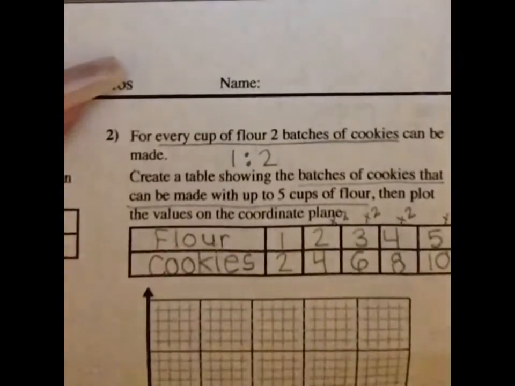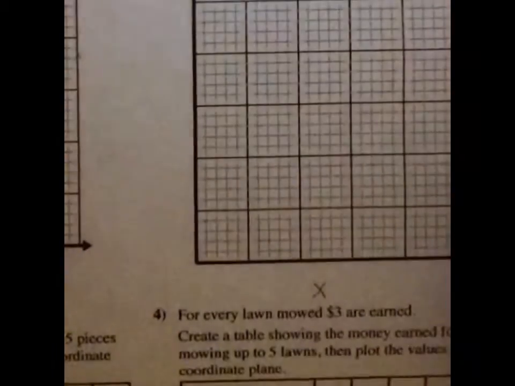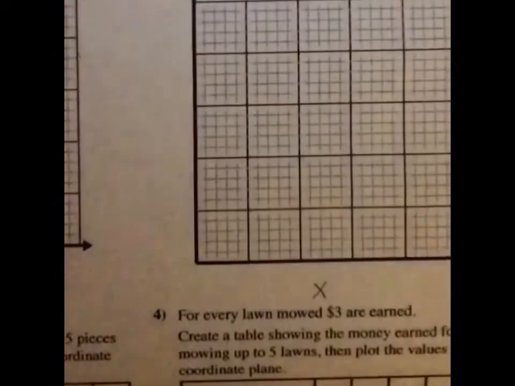Now, we're going to use the chart to make our graph. Now, the parts of a graph: we have a graph here, and our bottom axis of the graph will be the x-axis, and then the vertical side is the y-axis.